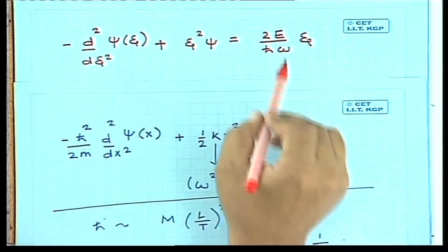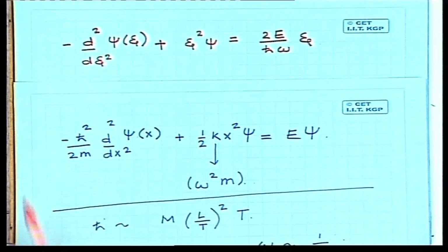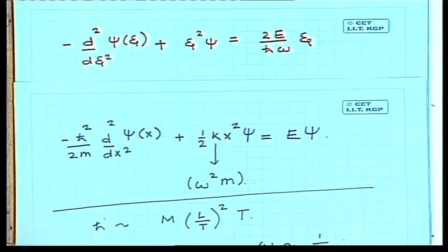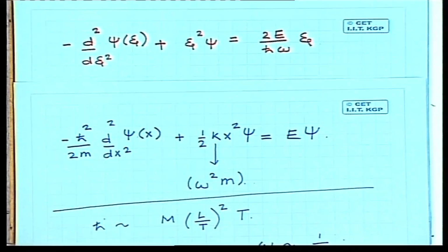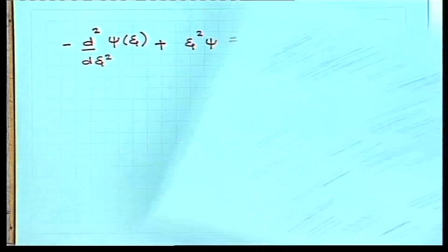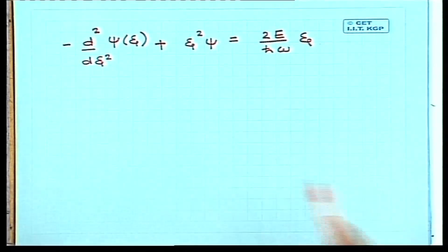By multiplying throughout this equation by suitable factors of h cross, m and omega, we can write the whole thing in terms of xi, and then we multiply by 2, and the resulting equation is this. Which you can further simplify.